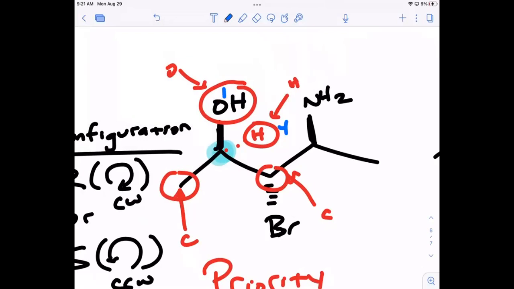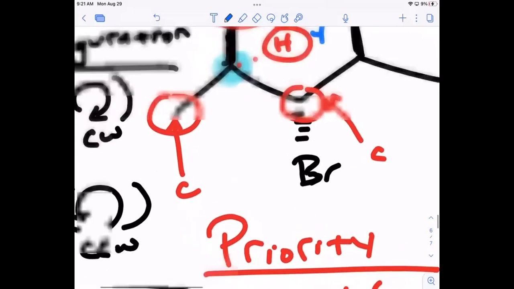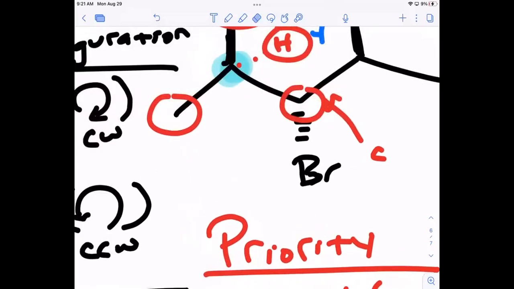Now we have to choose between 2 and 3. Both of those are carbons. Anytime you have 2 carbons and have to determine the priority, you have to look at the next group that's attached to it. For this carbon on this side, this is actually a CH3, because the end of every line is a CH3.